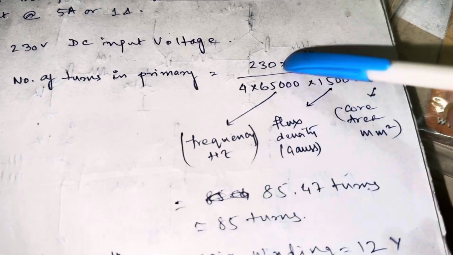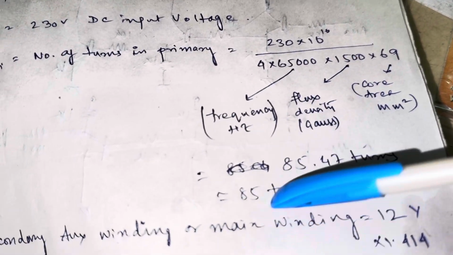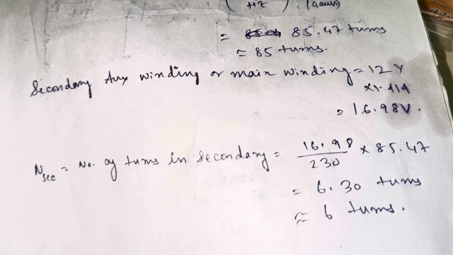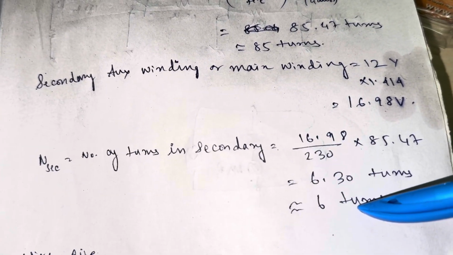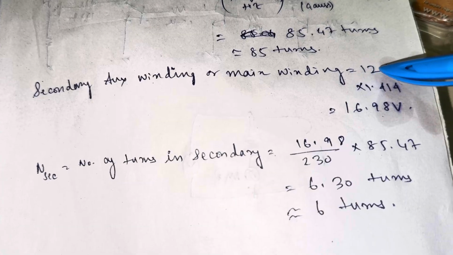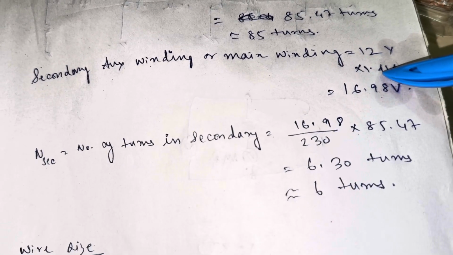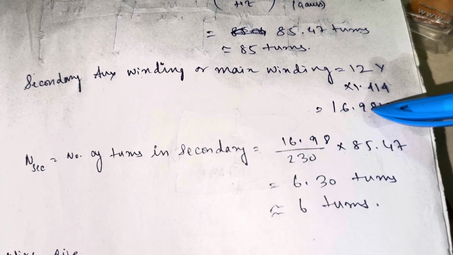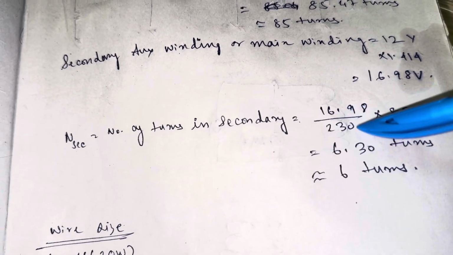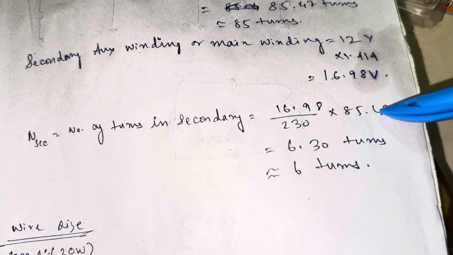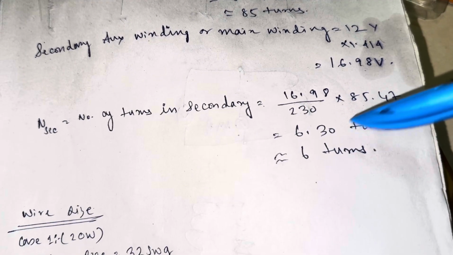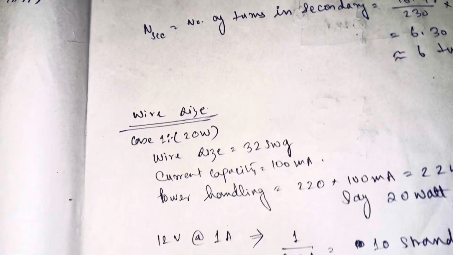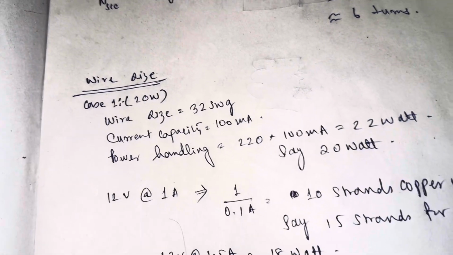So the primary for 230 volts DC supply is 85 turns, and the secondary winding calculation comes to 6 turns. You can see the output is designed to be 12 volts times 1.414, root 2, RMS value, which is 16.98 volts. When we divide by 230 and multiply by the number of turns in the primary, the secondary turns come to nearly 6 turns. So this is how the calculation looks like.